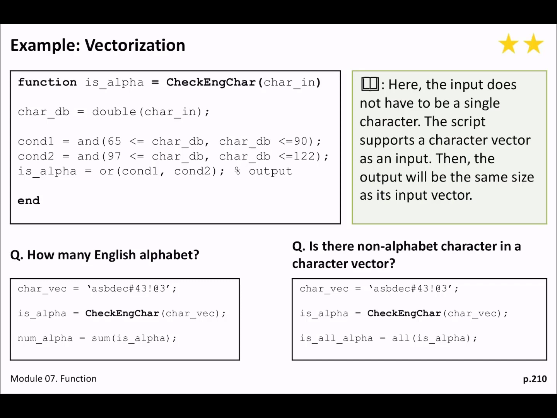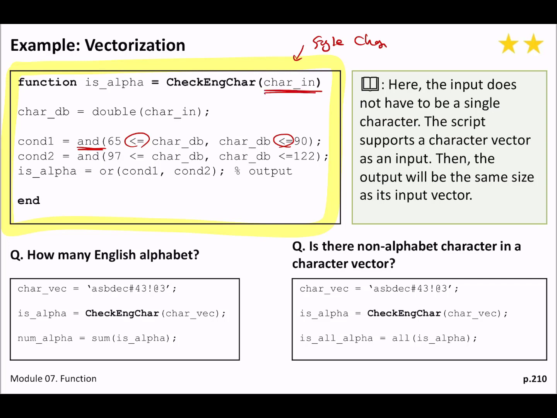This is the very interesting part. Let's see the function that we coded. We originally designed the function to support one single character, but we could evaluate a character vector because our relational operator and this built-in logical function can support array input. Imagine that you put an array here, like a character vector.